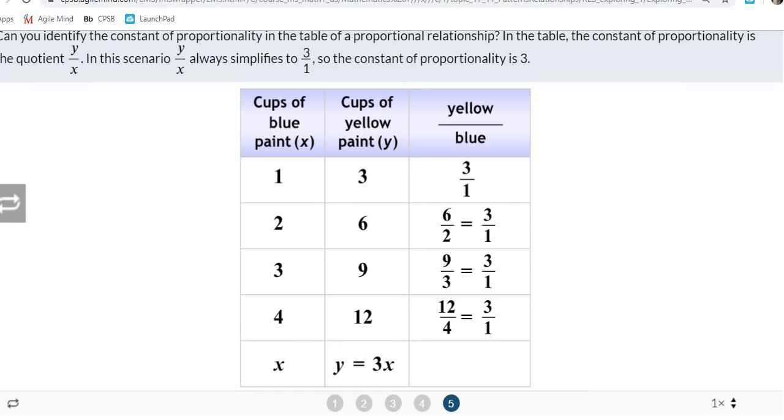Okay, so let's go through the problems in your book for problem 5. Problem 5A says, how can you identify the constant of proportionality in a graph?